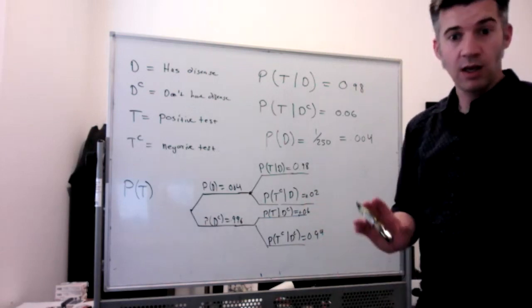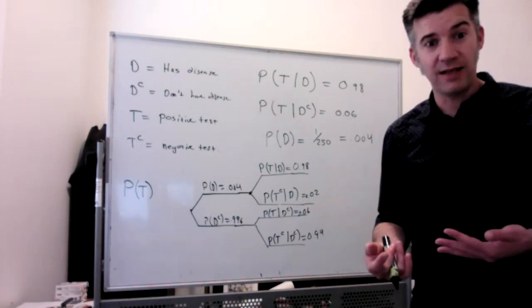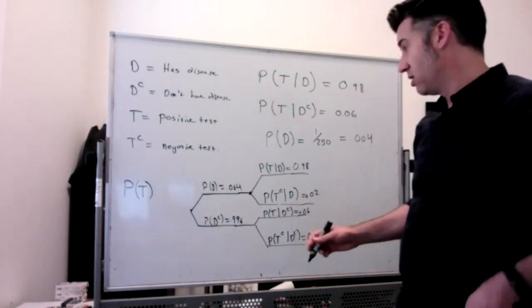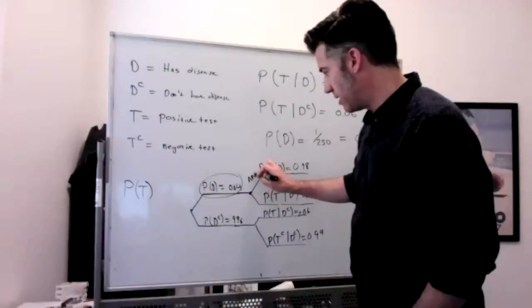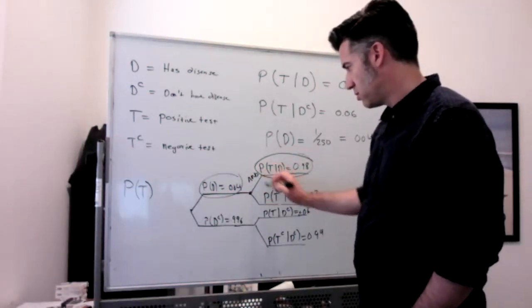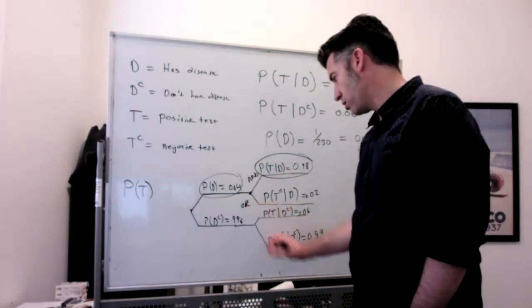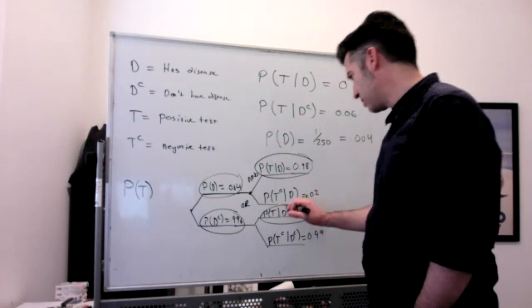Okay, so now we want to find the probability of having disease, which is just all the paths that get us to having the disease. So we could have this and this, or this and this.